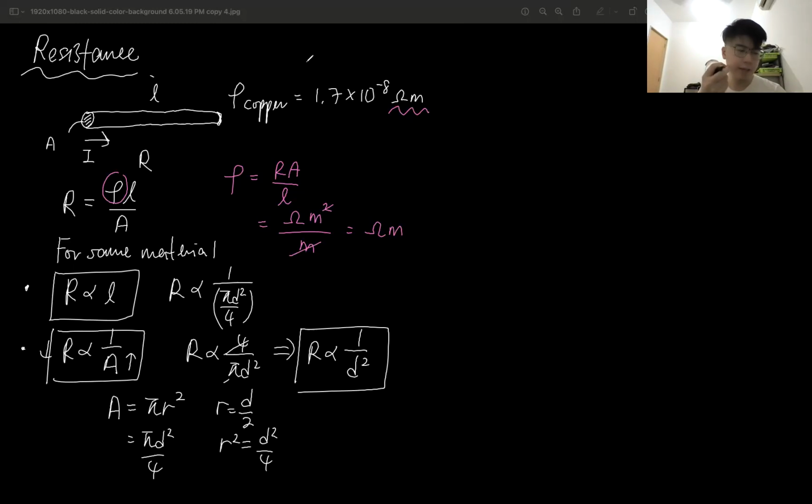What is resistivity again? It is the resistance of a conductor if we take it as 1 meter squared area and 1 meter length.